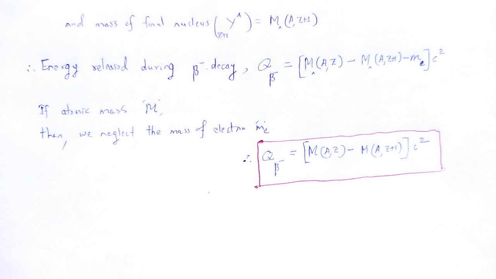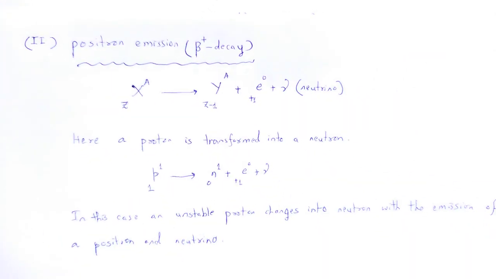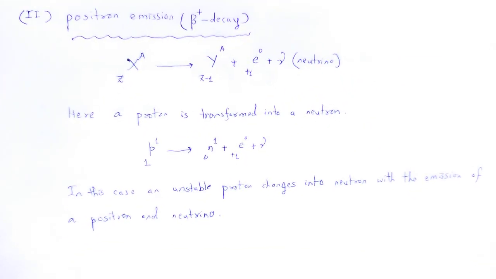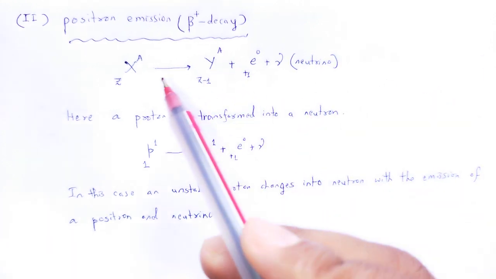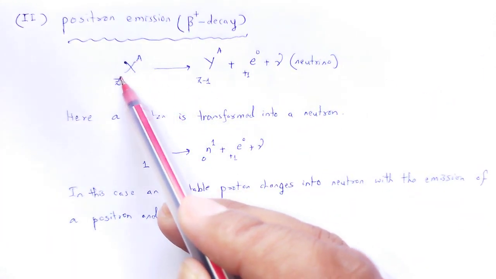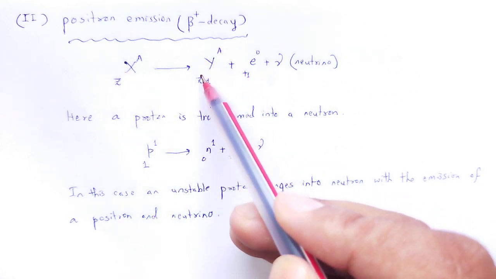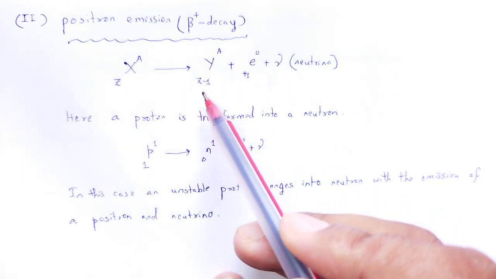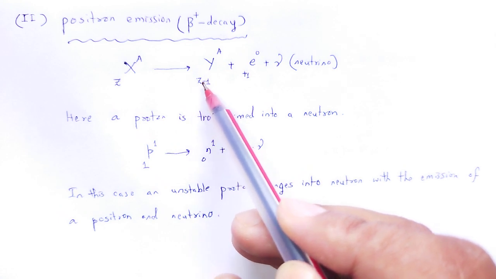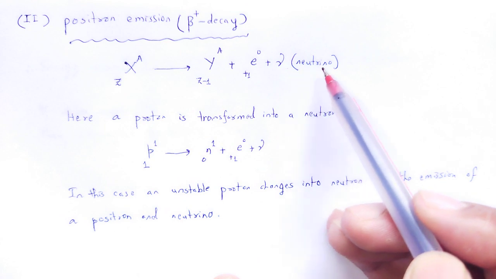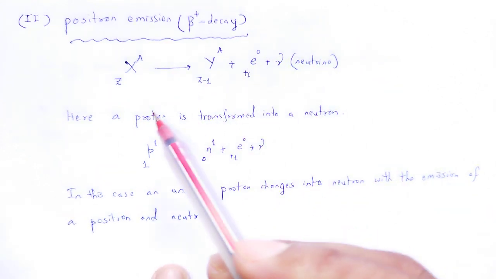Another type of beta decay, beta plus decay, that is positron emission, called beta plus decay. This is the parent nucleus, the daughter nucleus, its atomic number less by unit 1, a positron is created, a neutrino is produced.